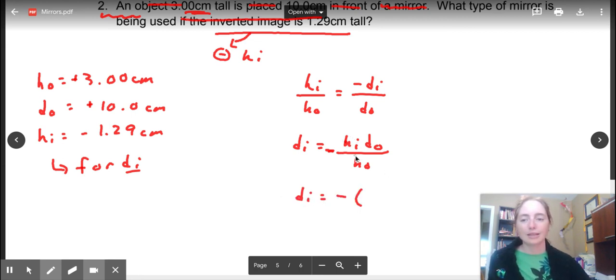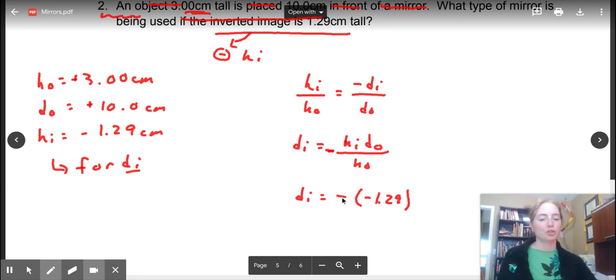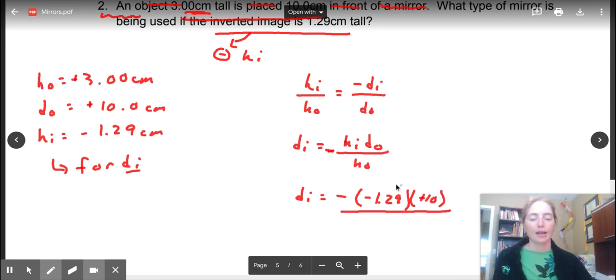The height of the image is negative 1.29. Leave that there for now, two negatives. Our DO is positive 10, and I'm going to divide that by the height of the object, which is positive 3.